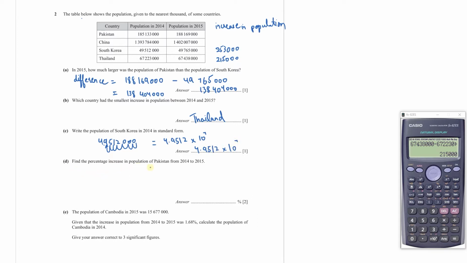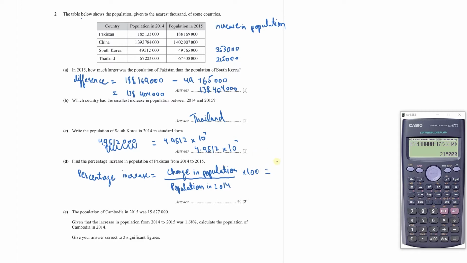Find the percentage increase in population of Pakistan from 2014 to 2015. So this percentage increase will be the change in population divided by the original population, because we are calculating the percentage change from 2014 to 2015. So the population in 2014, multiplied by 100.